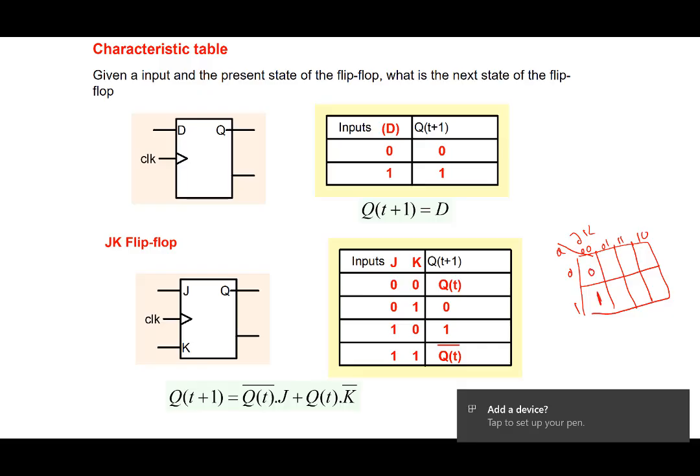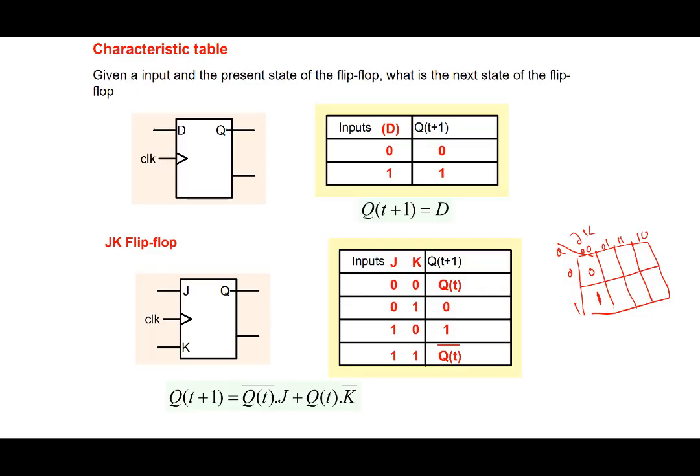When JK is 0, 1, the output Q(t+1) is 0. When JK is 1, 1, it flips. So Q is 0, output is 1; Q is 1, this is 0. And with JK equal to 1, 0, the output is always equal to 1.